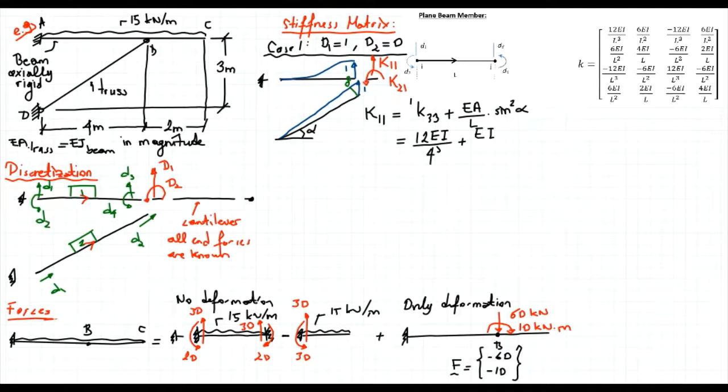EI divided by the length of the truss member, which is 5, and sine alpha is 3/5 squared. Sorry, this should be 5. Now, when you calculate that, you find that this coefficient is equal to 0.2595 EI.